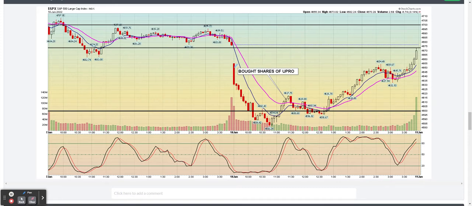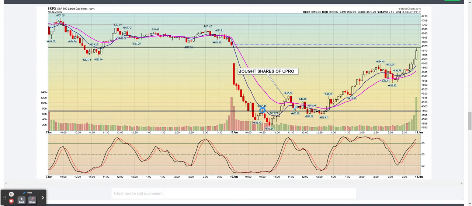Big gap down in the morning, big sell-off, bounced, couldn't quite stay above that 4,600 level, pushed lower, pushed back above it. That's when I decided to look for an entry point. Ended up buying above these moving averages around 46.10.